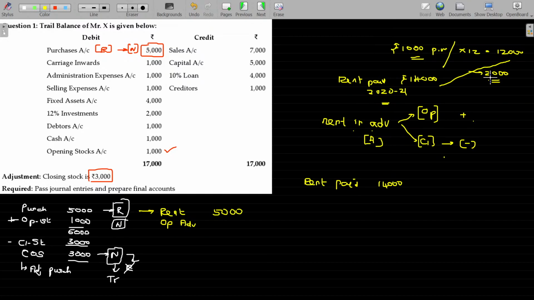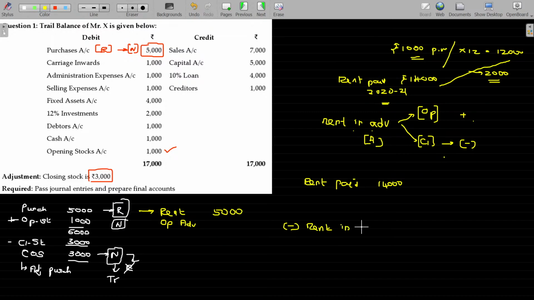The 2,000 rupees paid in advance is meant for the next period. We still have the time to enjoy the benefit in the future. Whatever payment you made as of the year end, having any benefit to be enjoyed in the future will always be named as an asset. So that one is going to be subtracted: minus rent in advance.